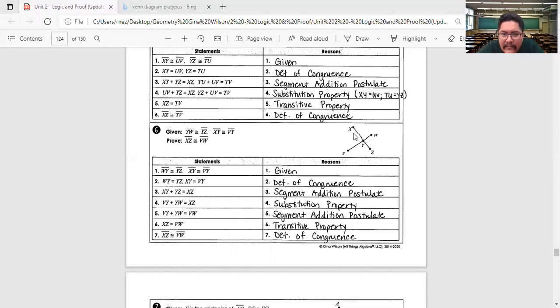So XY and YZ would be equal to, well, we know that these two are equal to each other. Wait, hold on. Oh, we're working on number 3 now. So XY plus YZ would equal XZ. So that's the segment addition postulate. If we add this one to that one, we would get the distance from X to Z.